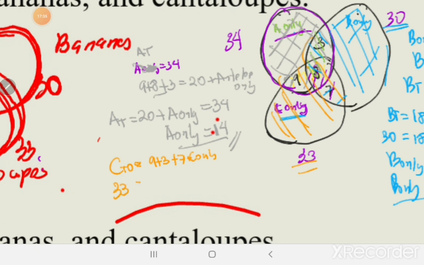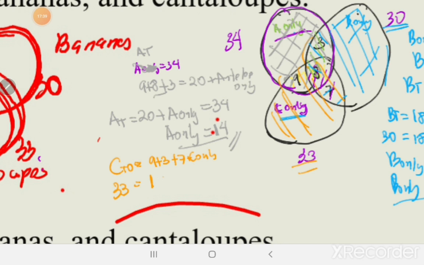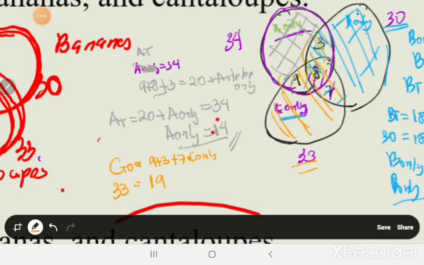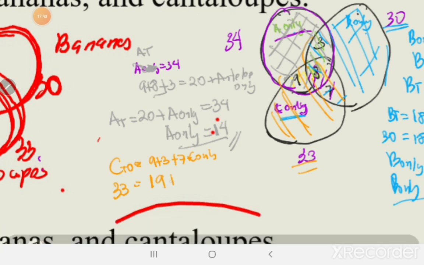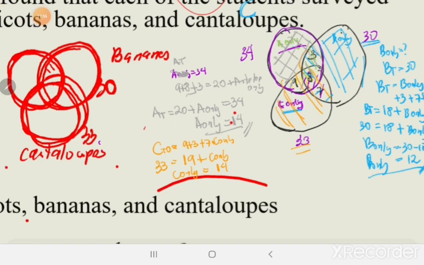So we have 33 is equal to 9 plus 3 is 12 plus 7 is 19. Right? Please check your calculator if it is correct. So, plus C only. So, therefore, my C only, or those loyal to cantaloupe, is equal to 33 minus 19 is 14. Also 14.